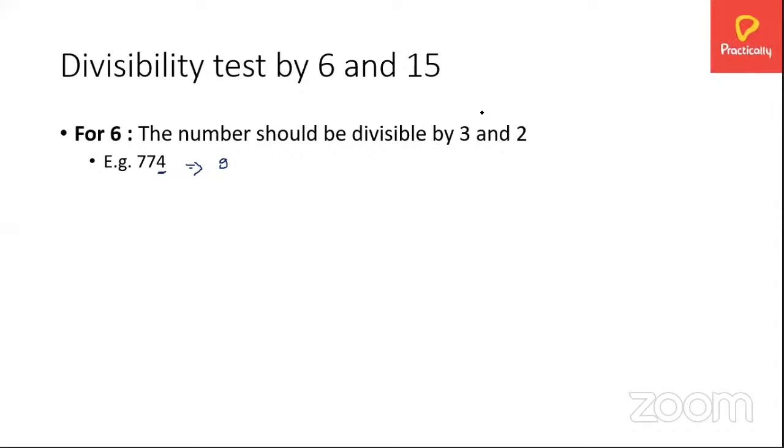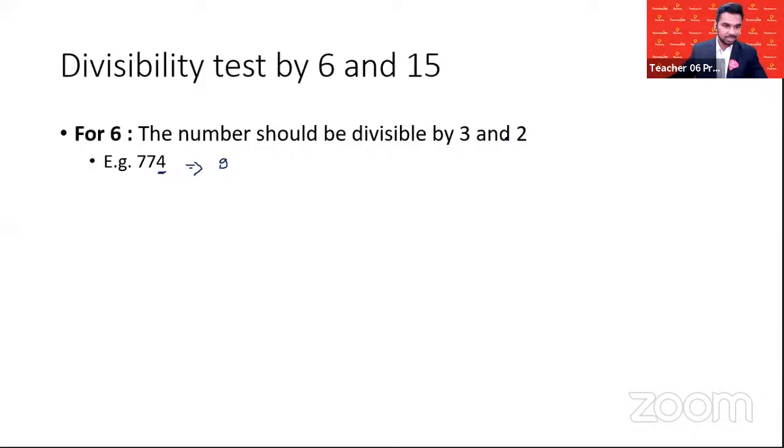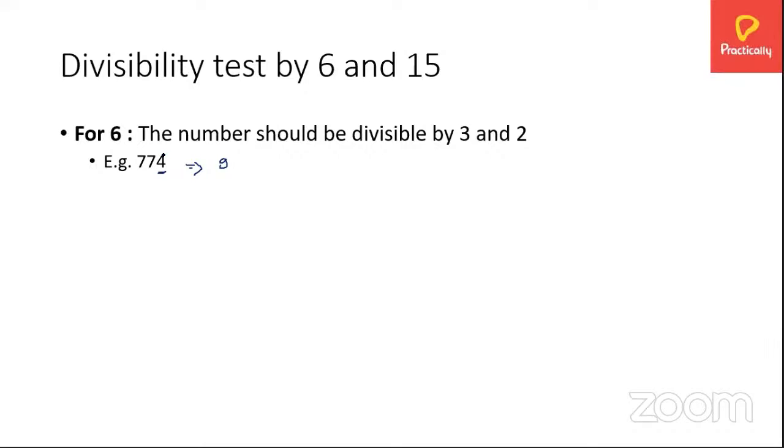Oh, okay. I'm sorry. So I'll just begin from the first. What we were dealing with was divisibility by 6 and 15. Yesterday we talked about divisibility by 3, which enabled us to use the digit sum idea to see if the digit sum was equal to 3, 6, or 9.